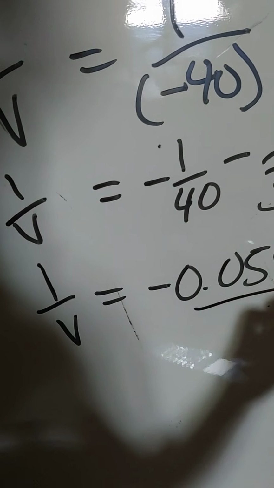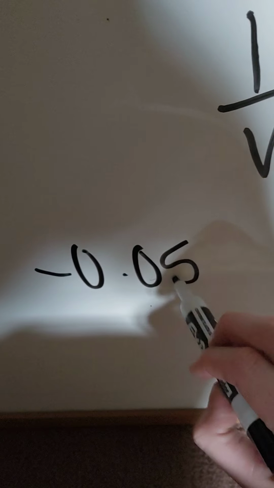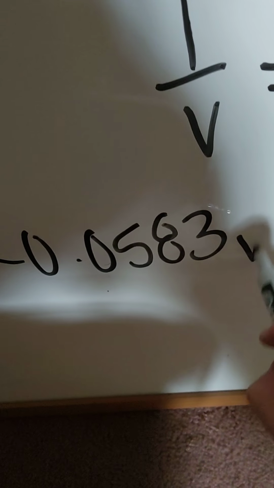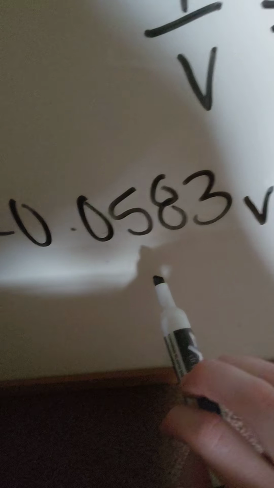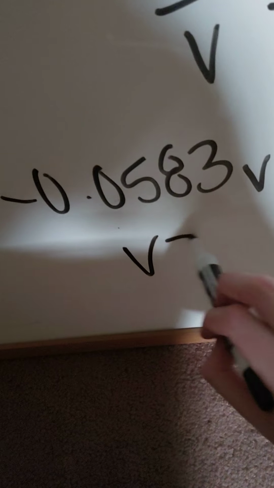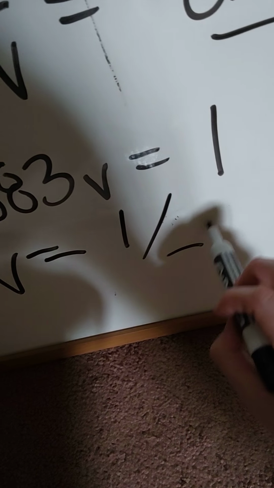So again, we throw this over a 1, we can cross multiply. So minus 0.0583V equals 1. We divide both sides by this, so V equals 1 over minus 0.0583.